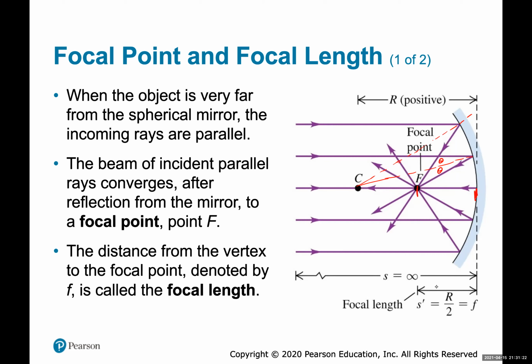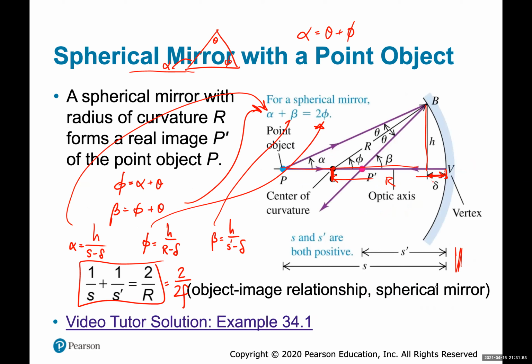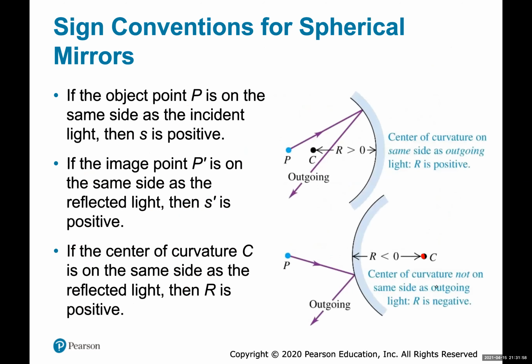So if we put that together with the equation that we had a second ago, R is twice the focal length.